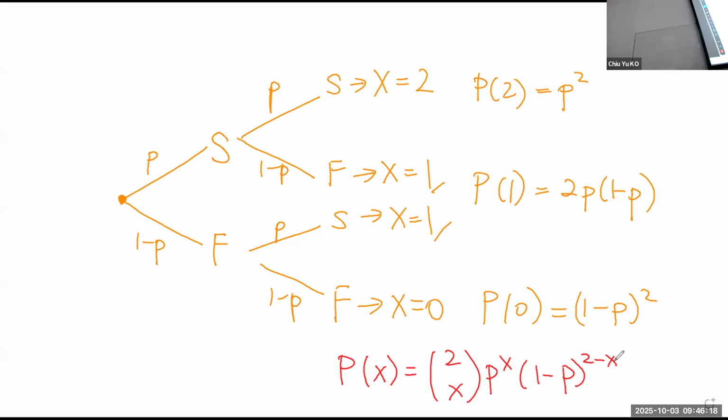If you draw no balls, no success. You draw ball number 1, first success. You draw ball number 2, second success. You draw both balls, both success. How many different ways to draw, right? It's 2CX. So this is the formula. If you don't like the 2, replace by N. That's the formula there. Again, I write that in the whiteboard.